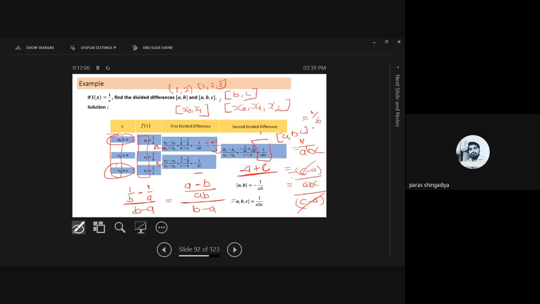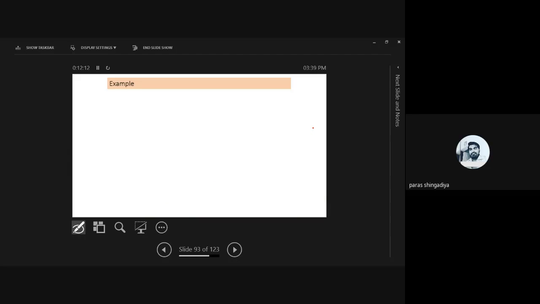Clear? Okay. And after that, next example, in that first we'll derive the table. Numerical values are given: 5, 7, 11, 13, 17. And its output is 150, 392, 1452, 2366, 5202. Now check this argument x.